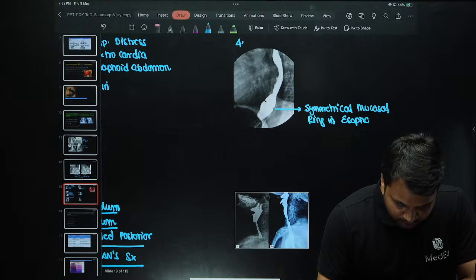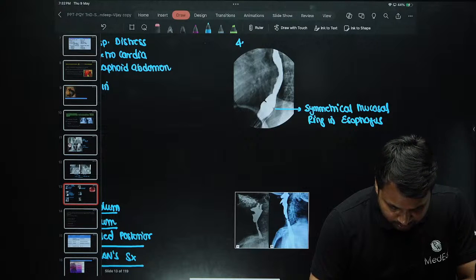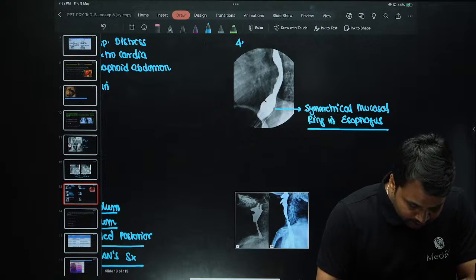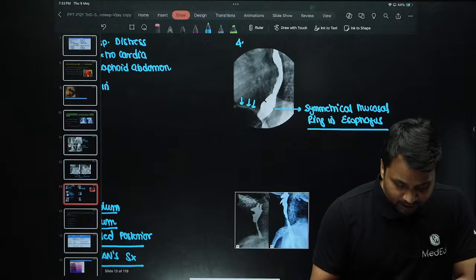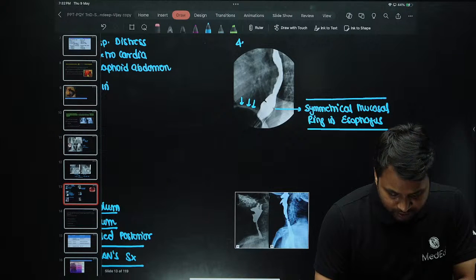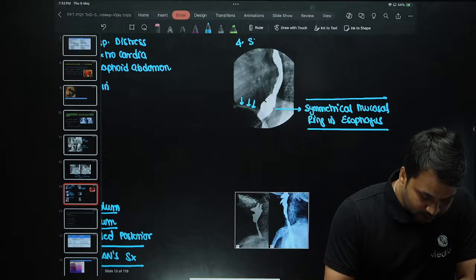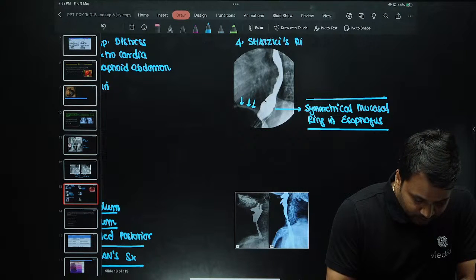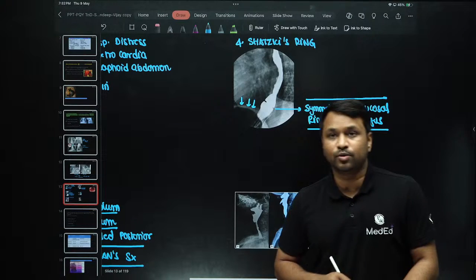Now, it is closer to the gastroesophageal junction, how do you know? This is because I can spot the diaphragm, right? So this is usually a complication of GERD, and this is what we call Schatzki's ring. It's a mucosal ring that you have.